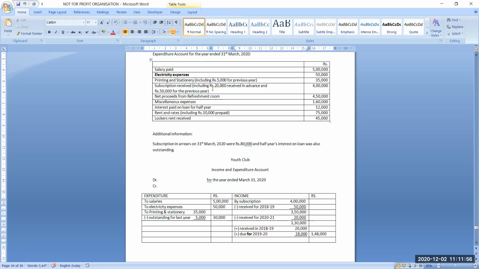Now some information is given here also. 31st March 2020 arrears 80,000. So it is outstanding for the current year. So outstanding for the current year is 80,000, and that way it will be added. This information is not needed here, so we will remove it.